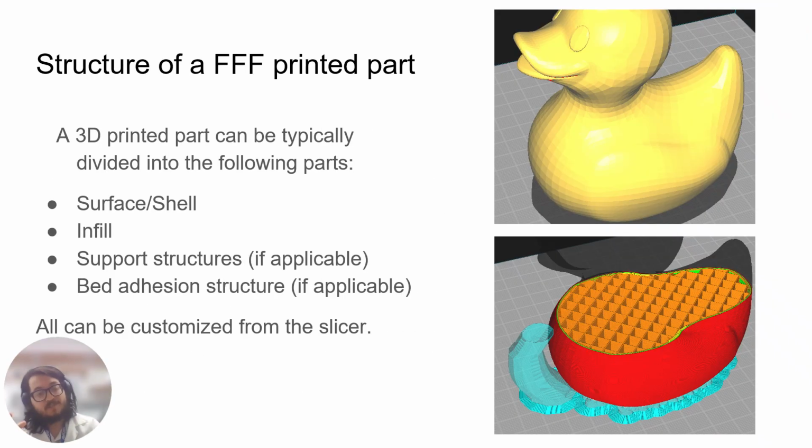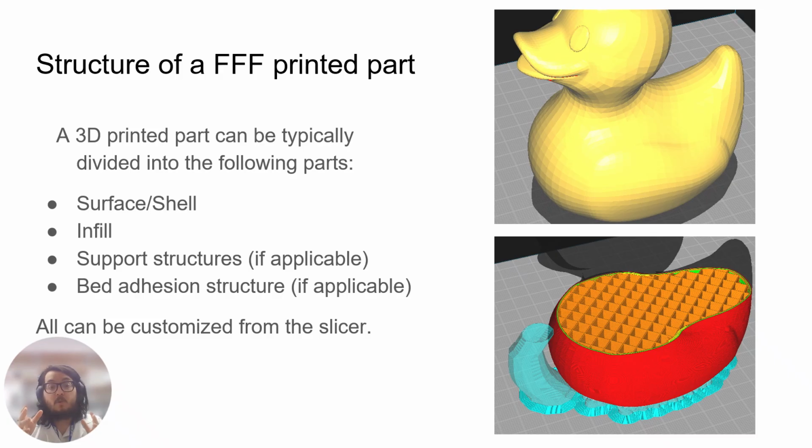Well, let's now talk about the structure of an FFF, fused filament fabrication, 3D printed part. This 3D printed part can typically be divided into some subparts. You have your model, but when you print it, it actually consists of its shell and what's inside of it. So your surface, your shell, and your infill. Not necessarily are you going to have a solid part.